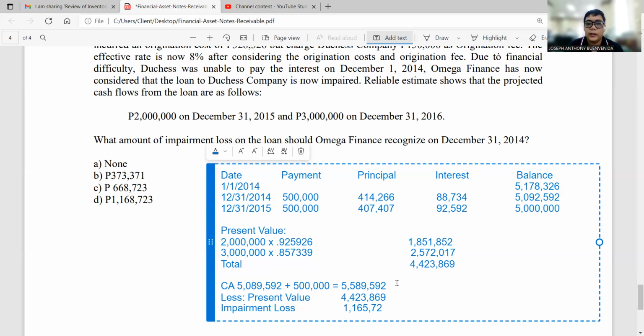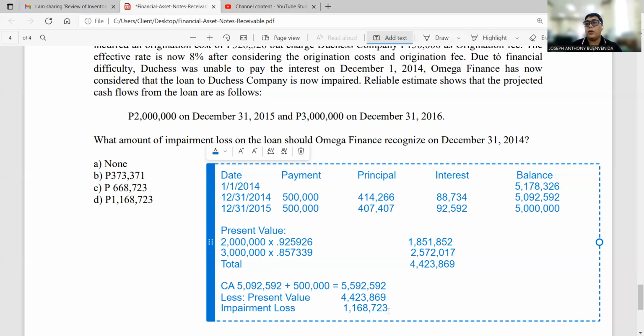Okay, so ang value niya gali is 592. So the difference, 5,589,592 less 4,423,869, so 1,168,723.